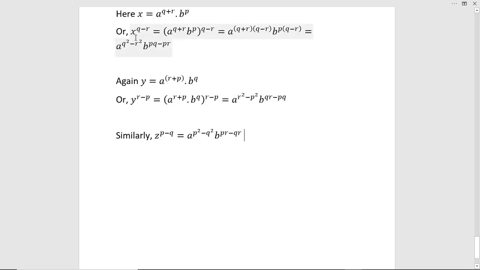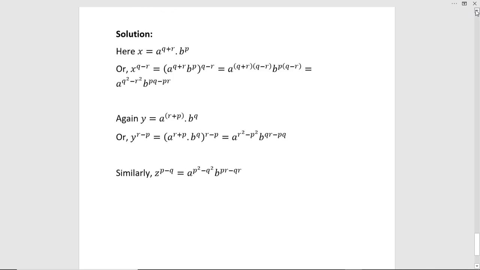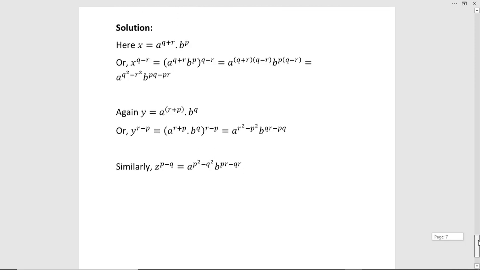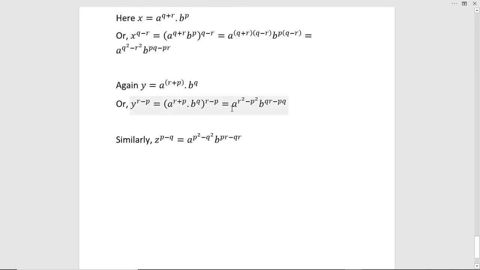So we have got three values: x to the power q minus r, y to the power r minus p, and z to the power p minus q. We have to find the value of the product x to the power q minus r, y to the power r minus p, and z to the power p minus q. So we will multiply these three terms, putting in their values in the next step.